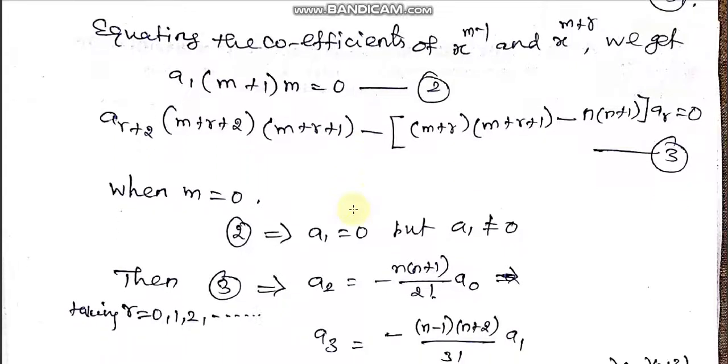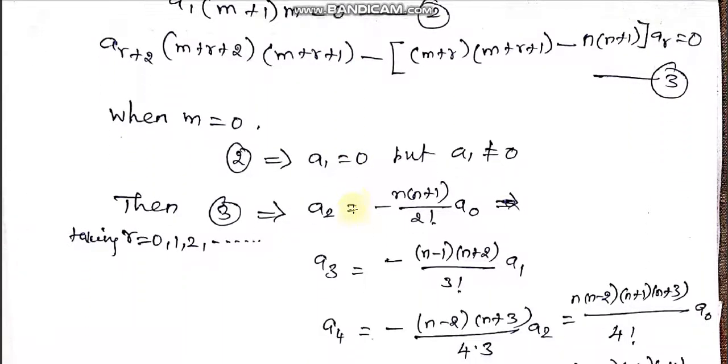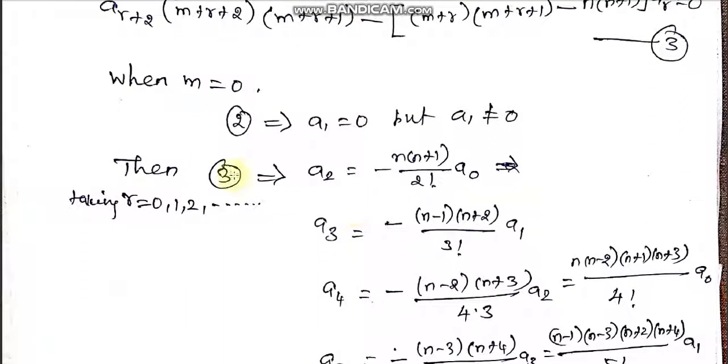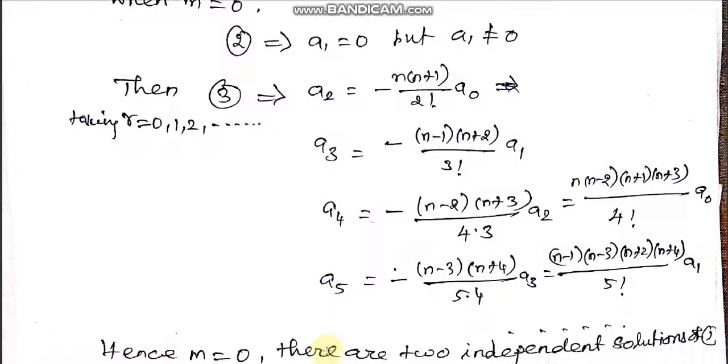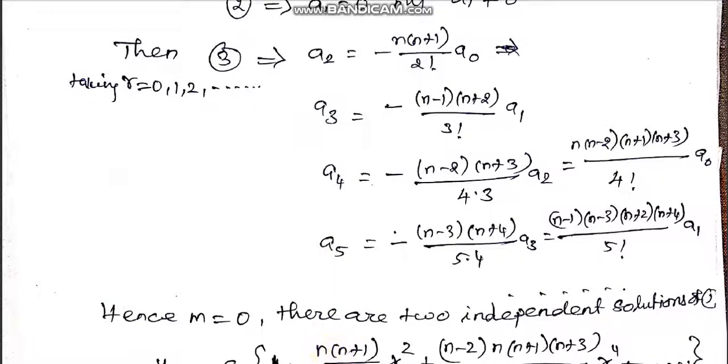From that 2 and 3, we substitute the value m equal to 0. That gives you a1 equal to 0, but actually a1 not equal to 0. The equation 3 gives a2, a3, a4, a5 values in terms of a0 and a1.